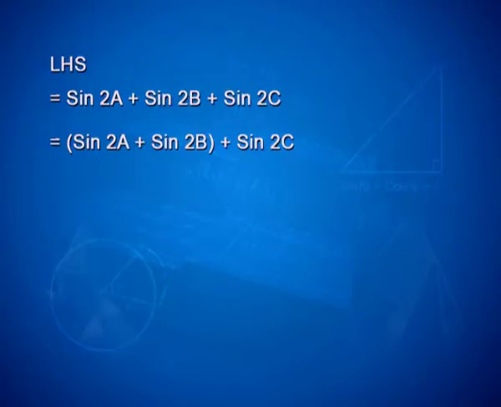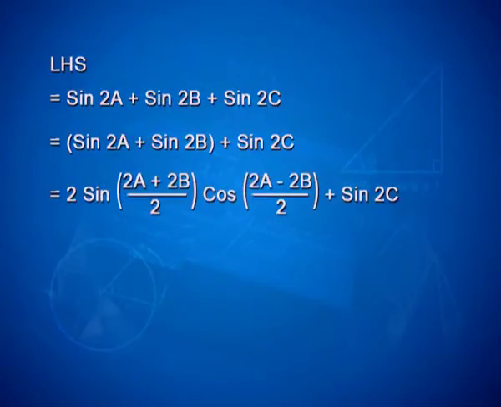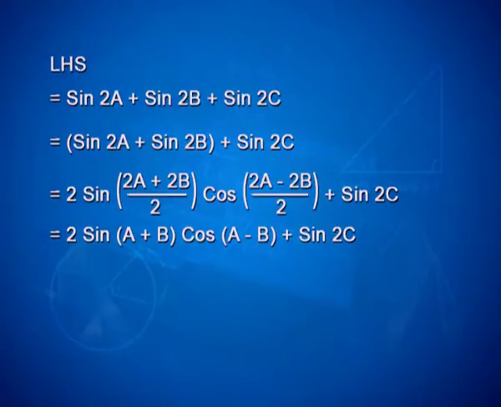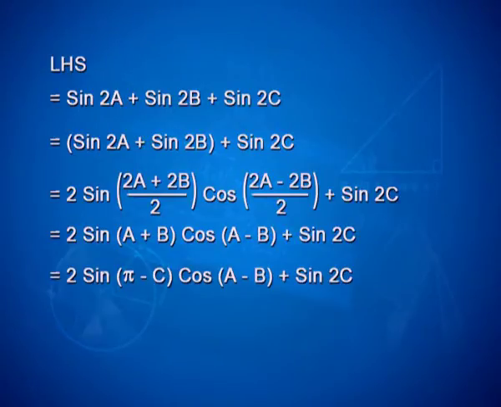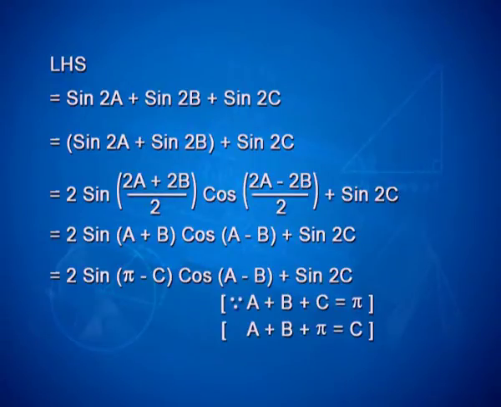This again, using the first step, we can express as 2 sin (2a plus 2b)/2 into cos (2a minus 2b)/2 plus sin 2c, which could be expressed as 2 sin (a plus b) into cos (a minus b) plus sin 2c, and we can express this as 2 into sin (pi minus c) into cos (a minus b) plus sin 2c, because a plus b plus c is pi. So, a plus b can be written as pi minus c.